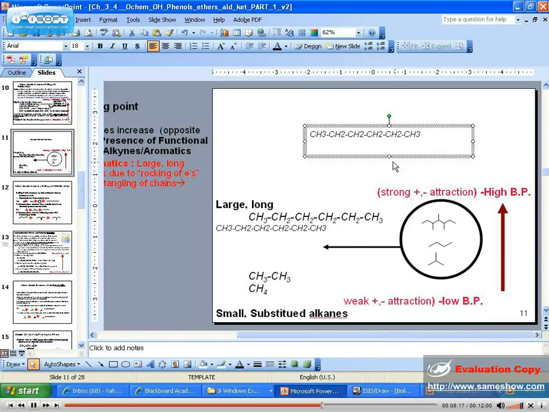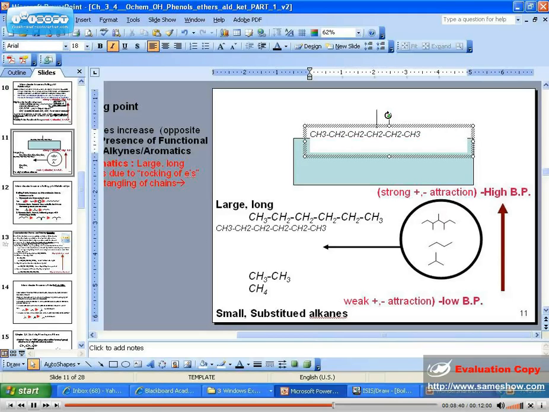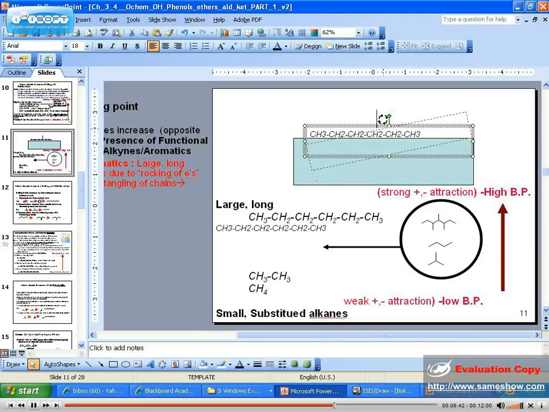Again, if we think of this molecule as being on a layer of water, the longer the boat, if I were to be on top and start rocking the boat back and forth, there'd be a much greater rocking motion.